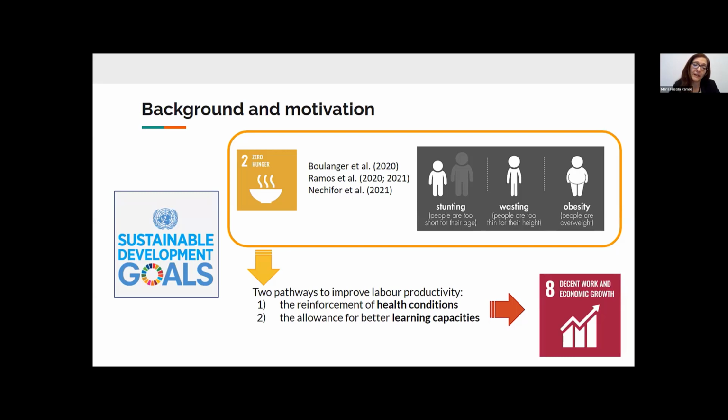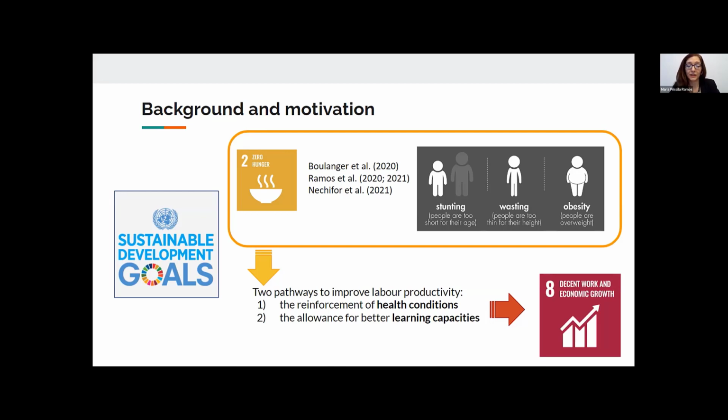These two pathways are that nutrition will reinforce health condition, and better health condition will allow workers to work better, and also that food security and nutrition could improve learning capacities and thus also improve labor productivity. For instance, the literature also associates undernutrition with the risk of infectious diseases, and in childhood with impacts on neurocognitive development that affect learning capacities.